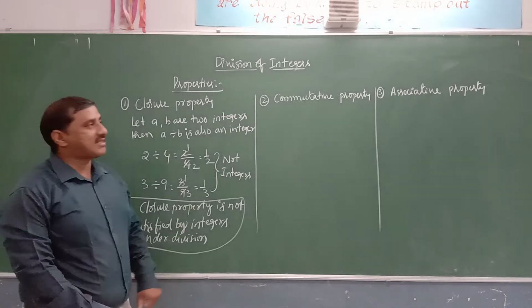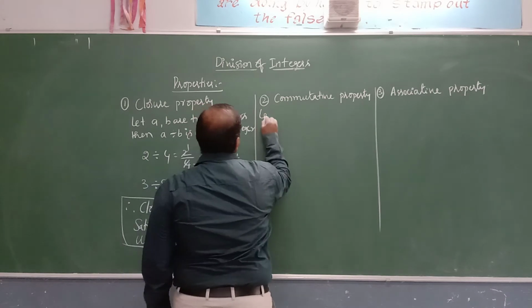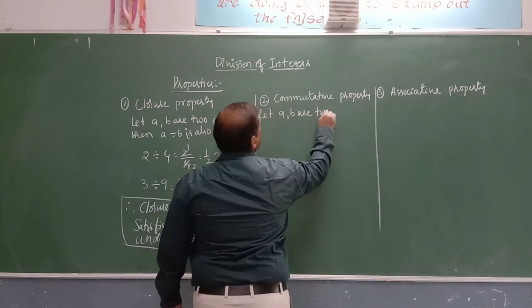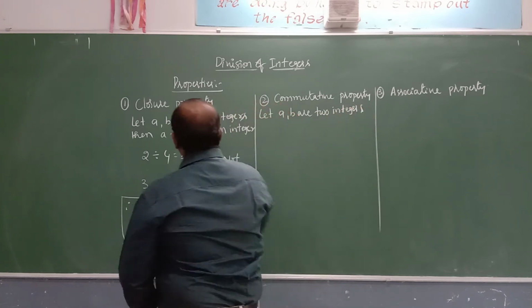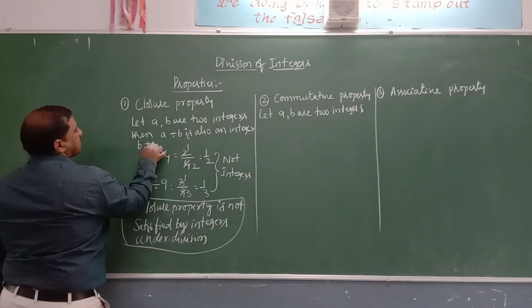Now we will discuss commutative property. What commutative property states is: let a, b be two integers. Here remember that b should not be equal to 0 always.